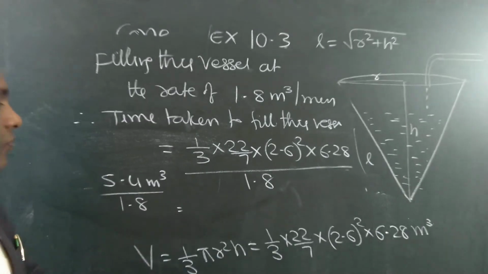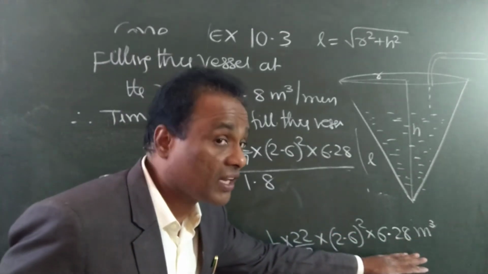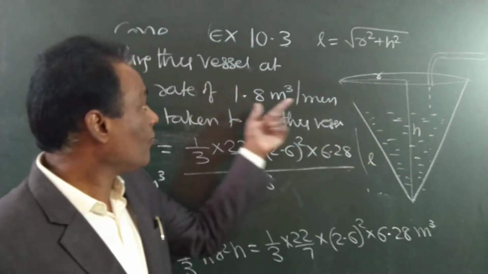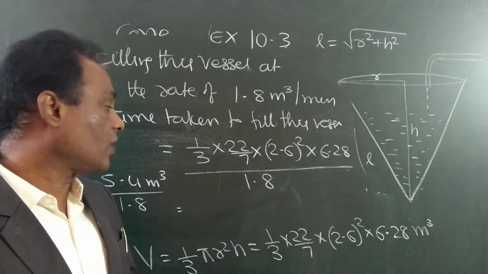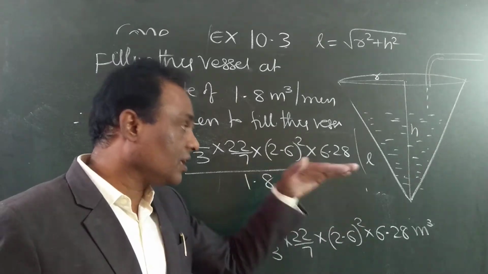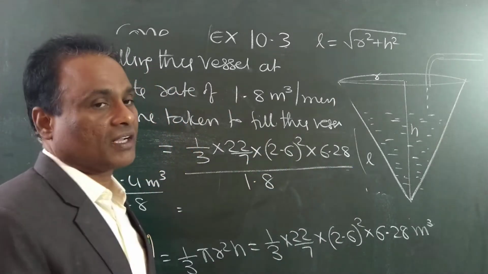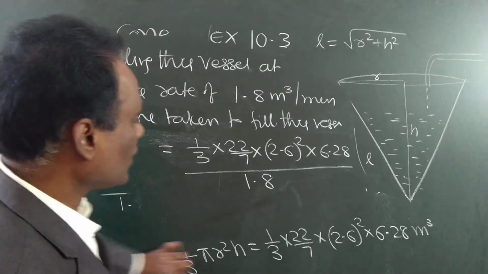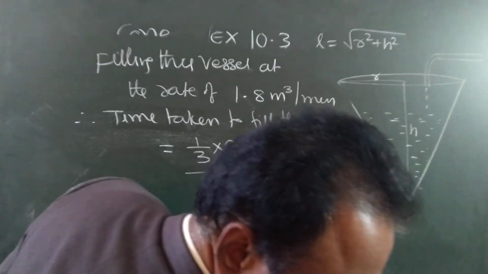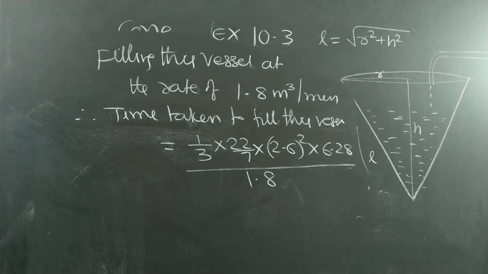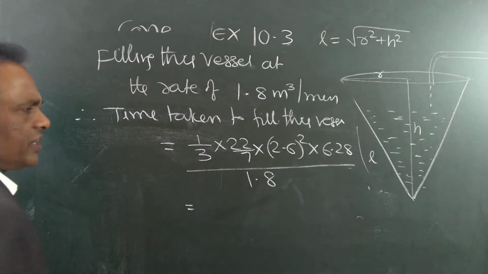This is the example I explained, but here it is this much water we have to keep in the vessel, and per minute this much water we are keeping. So total time required is total amount of water divided by per minute water. If you simplify, this is our answer. Anyway, you have to simplify, students. No other option.